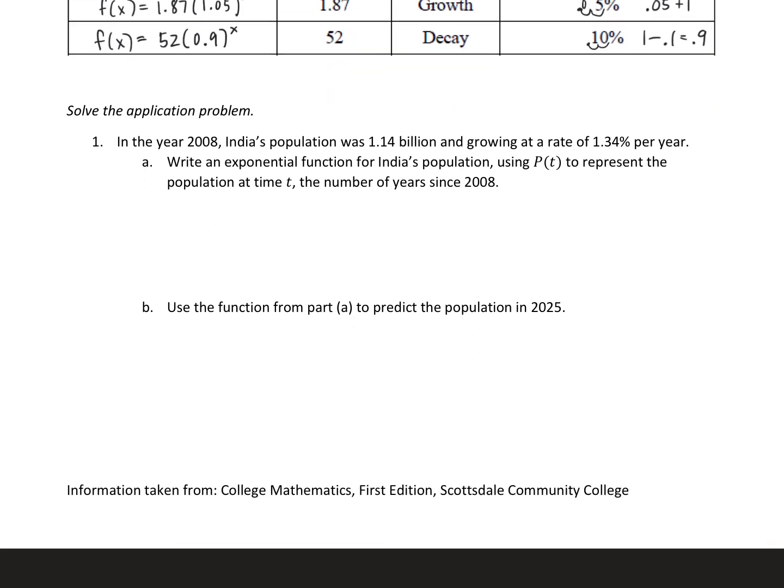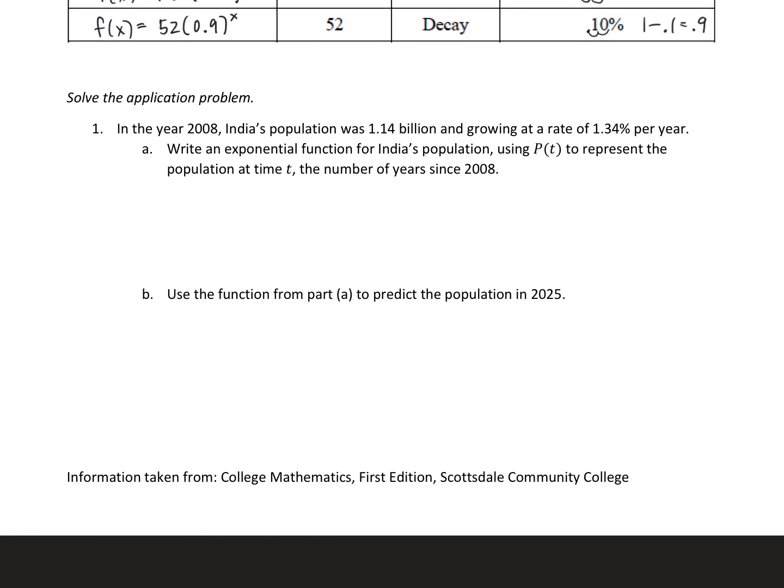So let's look at this word problem, number 1. In the year 2008, India's population was 1.14 billion and growing at a rate of 1.34% per year. So the percent, this is giving away that it is an exponential growth because it's a percent change.